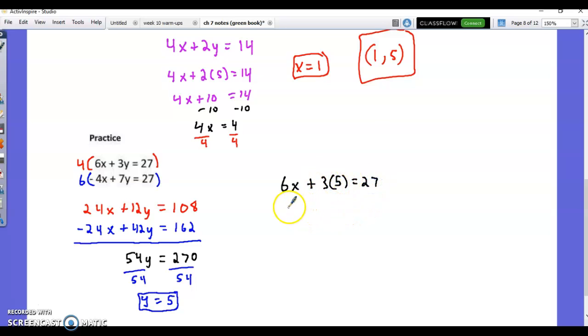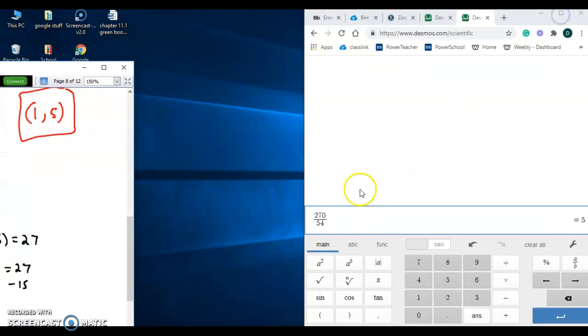All right, 3 times 5. Now these are the same steps as from the very first day we started taking these notes. 6x plus 15 equals 27. Subtract 15 from both sides. 6x equals 27 minus 15.